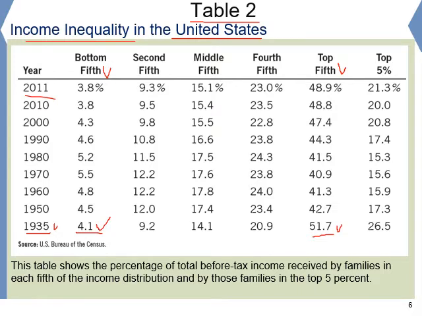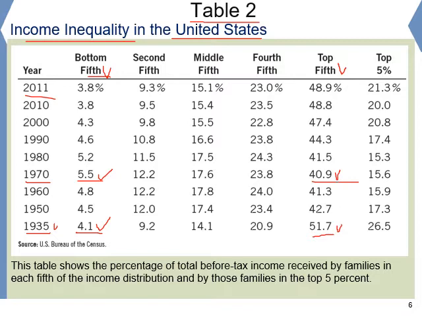In 1970, for instance, the poor group, the bottom fifth, earned about 5.5% of the total income, versus 40.9% for the top group, which is roughly 7.4 times more than the poor group in 1970.